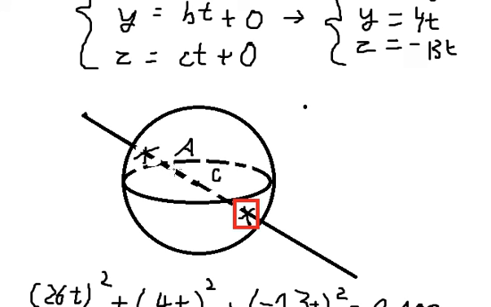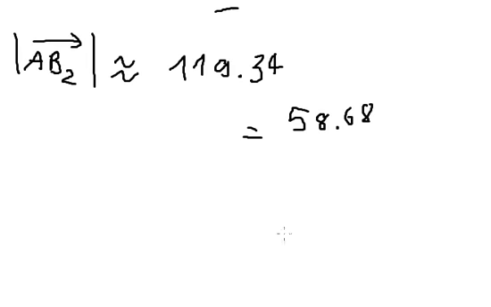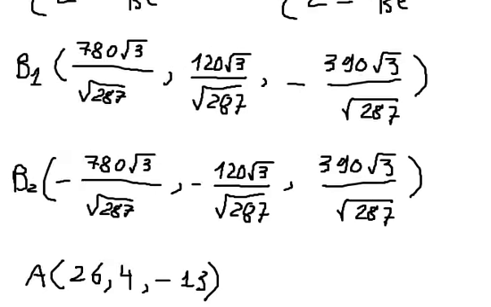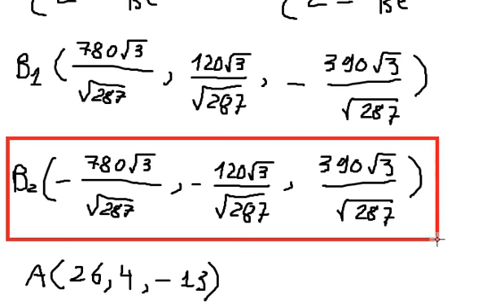So we need to find the point farthest from A, and that is B number 2. B number 2 is this one. This is the end. Thank you for watching.